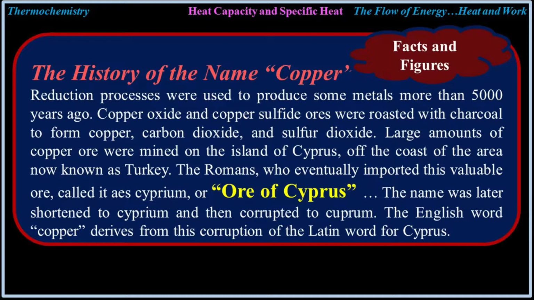The Romans, who eventually imported this valuable ore, called it Cyprium, or ore of Cyprus. The name was later shortened to Cuprum and then corrupted to cuprum. The English word copper derives from this corruption of the Latin word for Cyprus. So the island of Cyprus is the origin of the name copper.